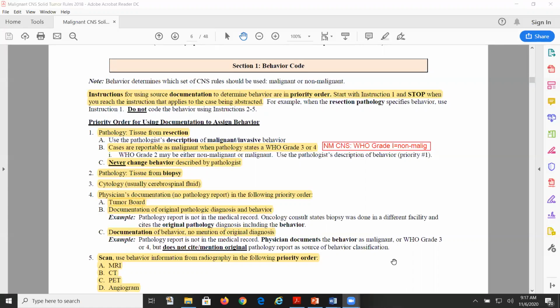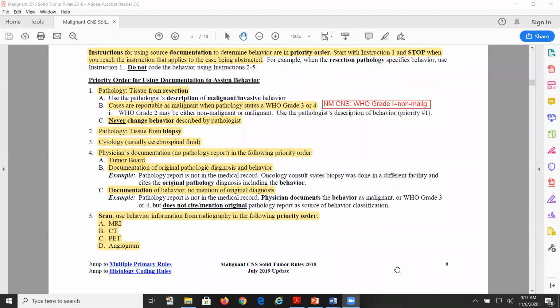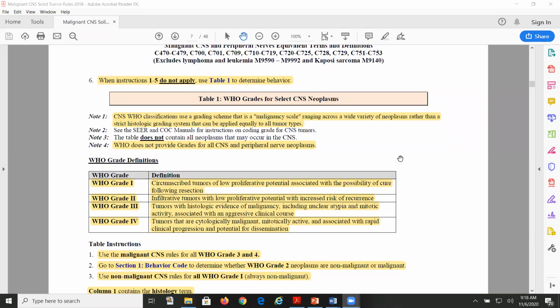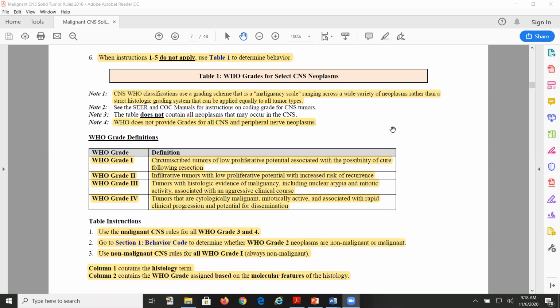Next in priority is your imaging studies, and the imaging studies are in priority order of MRI, CT, PET, and angiogram. When none of those instructions apply in determining your behavior, use Table 1. Table 1 is the table of WHO grades, which I explained before is a malignancy scale.